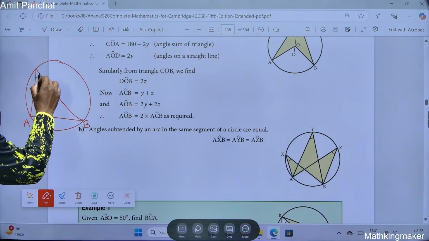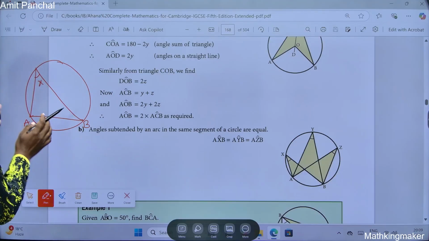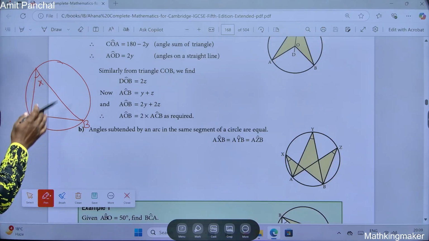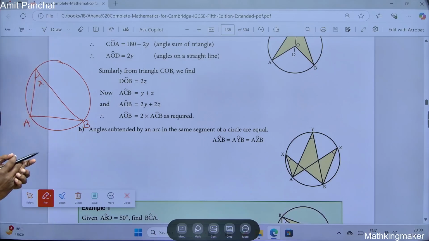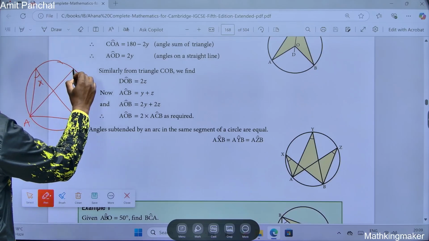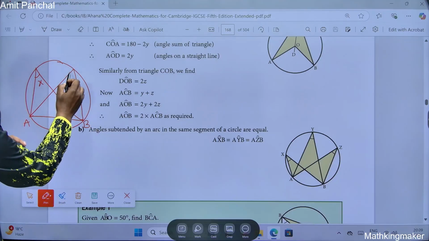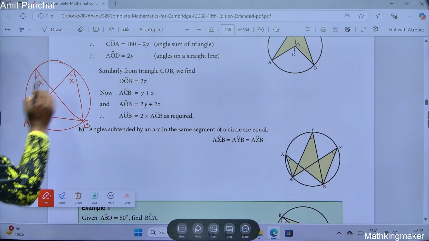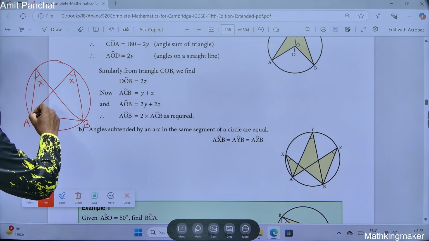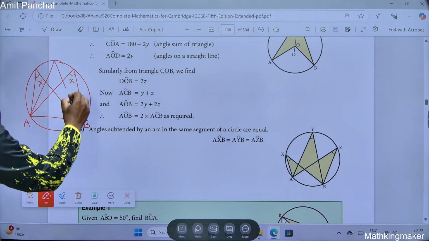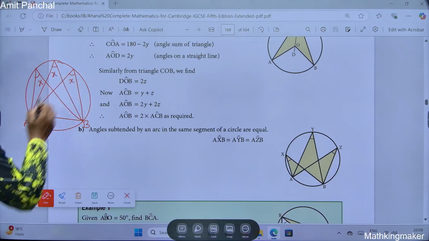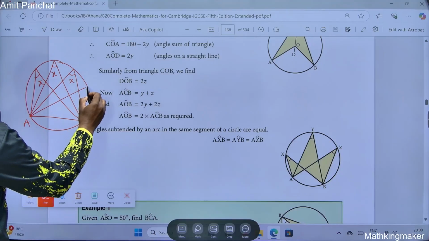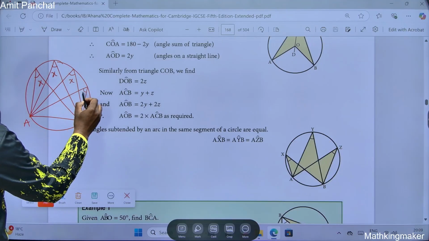Let us say this is your x, and if this chord is making any angle in the same segment, so your chord AB is making this angle also, that will also be x. If it makes another angle in the same segment, that will also be equal. If it makes this angle here, that is also x.